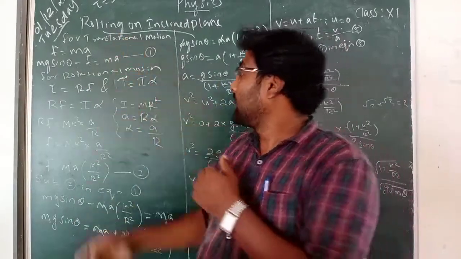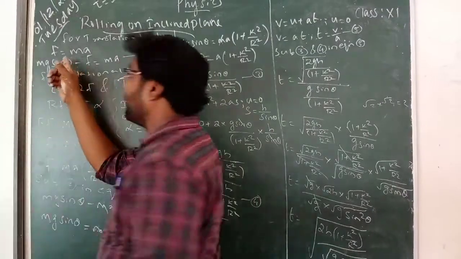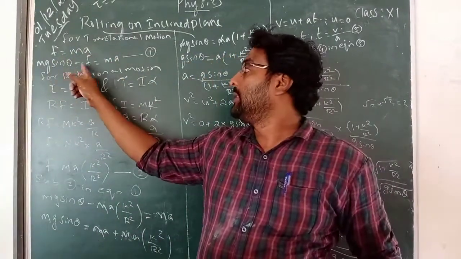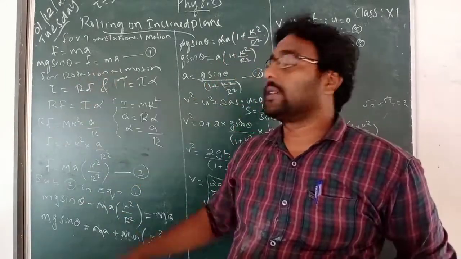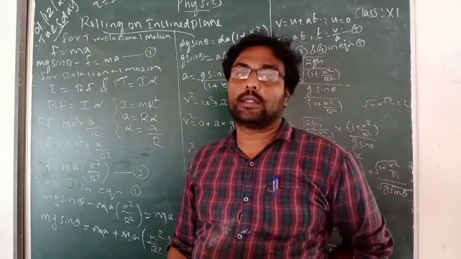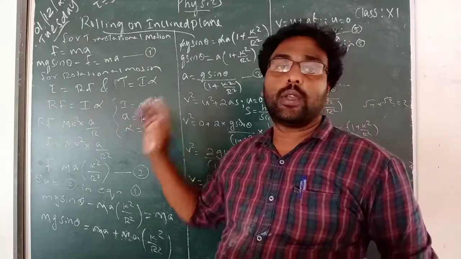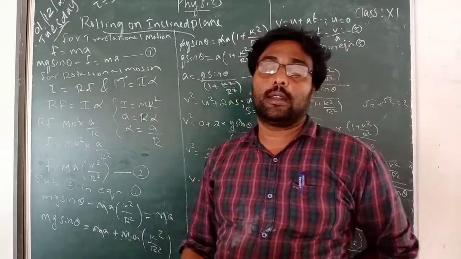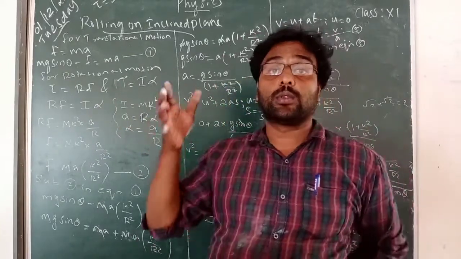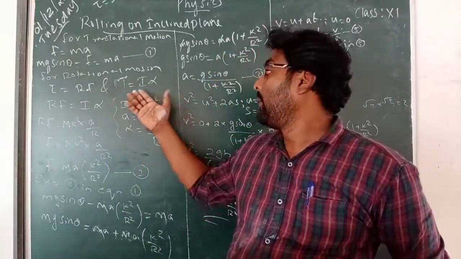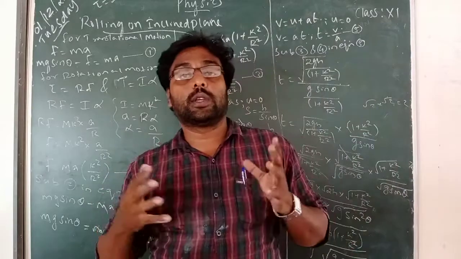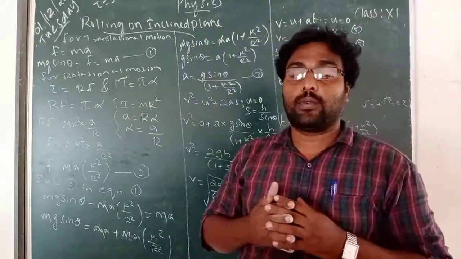So for translational motion, we can write the equation mg sin theta minus f is equal to ma. For rotational motion, we can't use this mg sin theta, so we use the torque equation. The frictional force is providing the torque. So the torque equation is Rf equal to I alpha. Compare these two equations, Rf is equal to I alpha, and you can find it out.